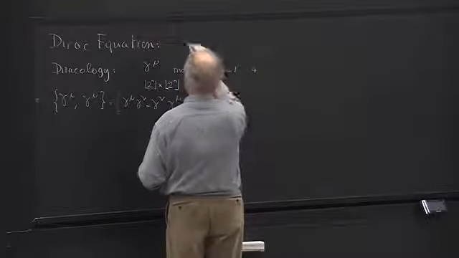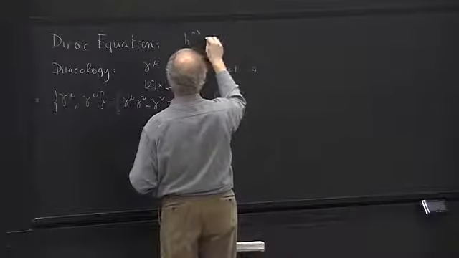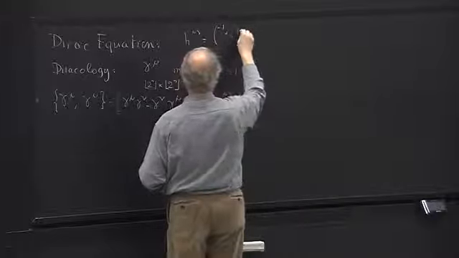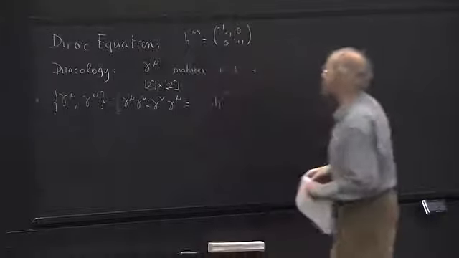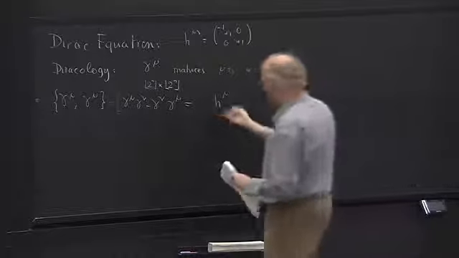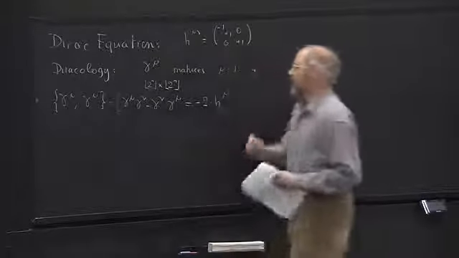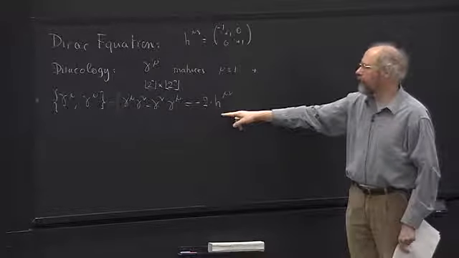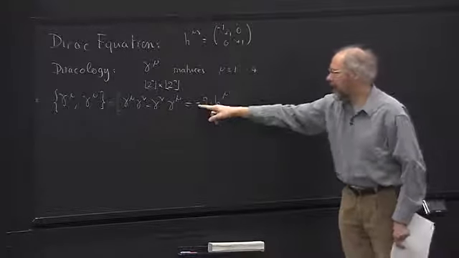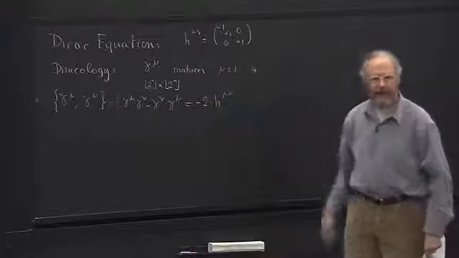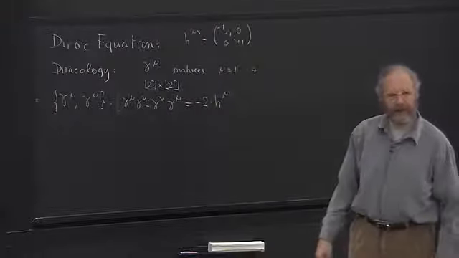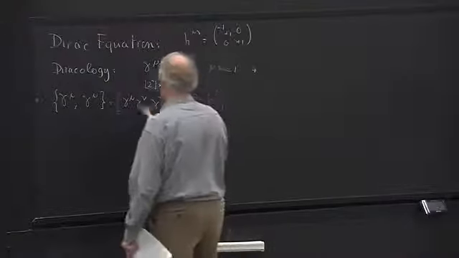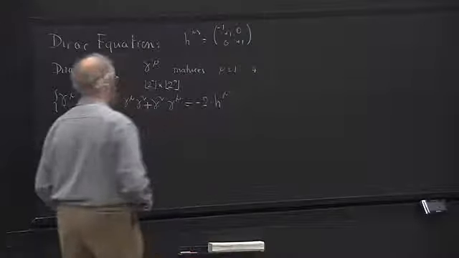So remember, I am still using the minus plus signature. With this signature, the anti-commutation relation for the Dirac matrices is minus 2 times the metric. Yes? Pardon? Oh, yes, I'm sorry. Of course, this is the anti-commutation.